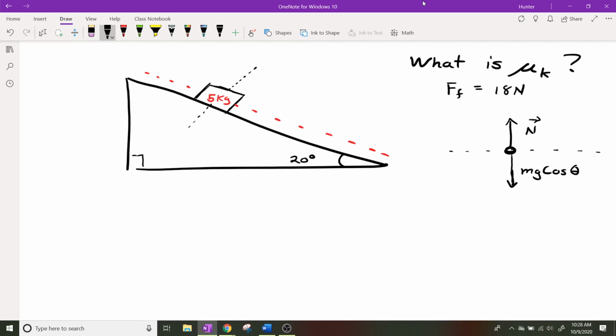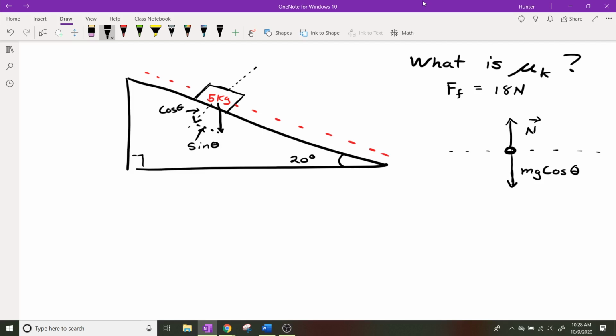We have to use the cosine for that one because that's the adjacent side. If y'all forgot, here's mg that points straight down like this. It makes a right triangle. So cosine is for the adjacent side, and sine is for the opposite side. That's where that cosine came from.